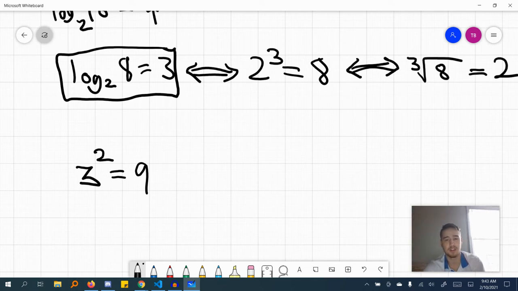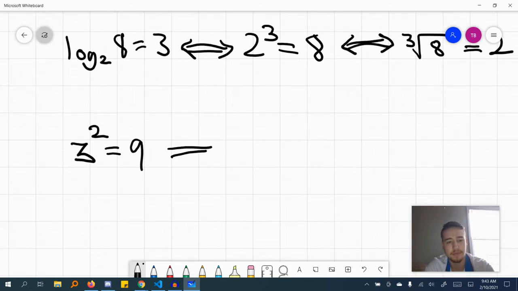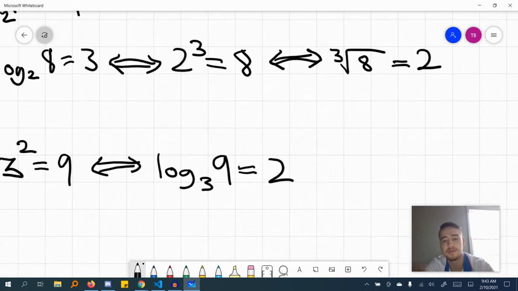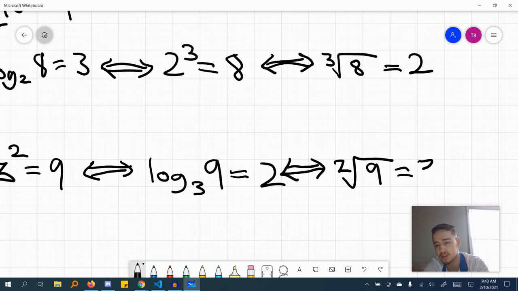You may be already ahead of me, but if we're just going to take this arrow, which doesn't really change the value of the expression, but only the way we write it down, we'll end up with something that looks like the log base 3 of 9 equals 2. And that's going to be the same as the square root of 9 equals 3.